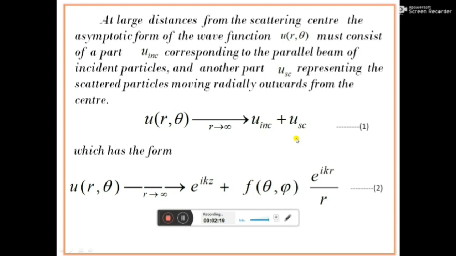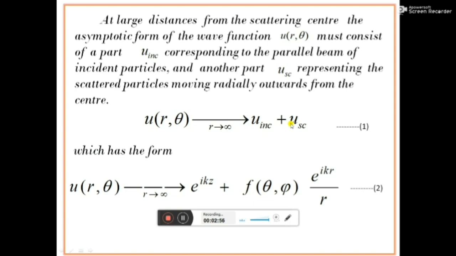But the latter one, that is e power minus ikr, is an incoming wave, that is, contracting towards the origin. Since the scattered particle moves outwards, we must choose the outgoing wave: u scattered is directly proportional to e power ikr. At the same time, this u scattered decreases as r increases.